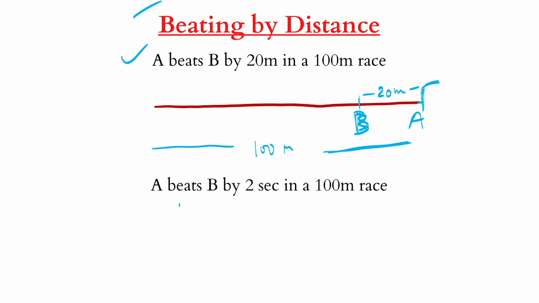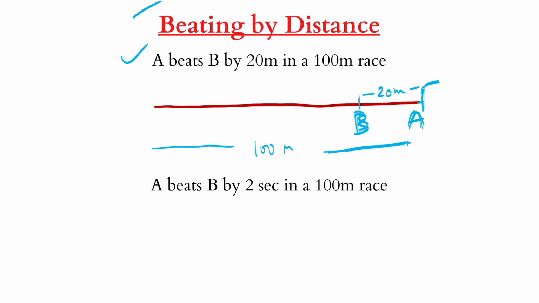Okay. Now A beats B by 2 seconds in a 100-meter race. The same thing, but instead of distance, we have to take the time. So A beats B by 2 seconds means A must finish the race first.